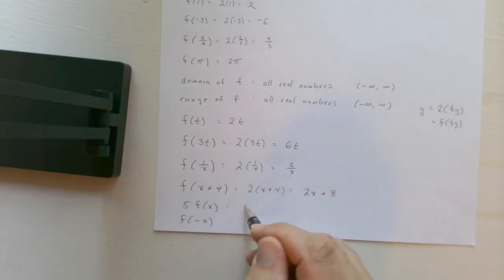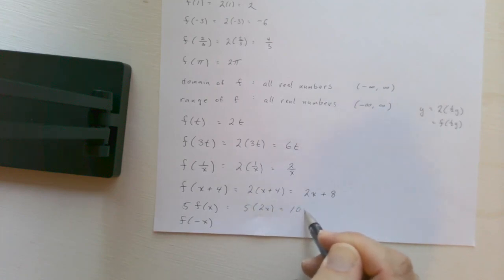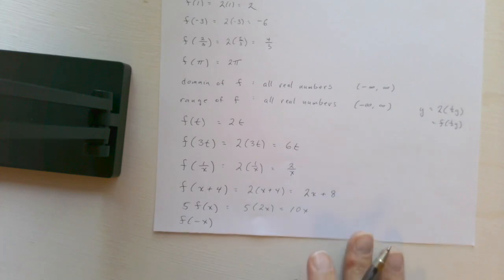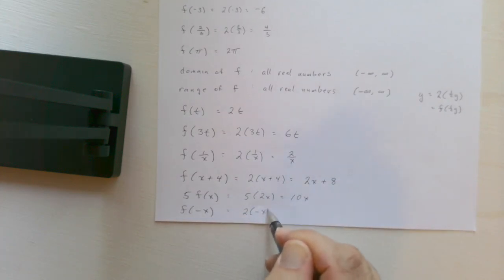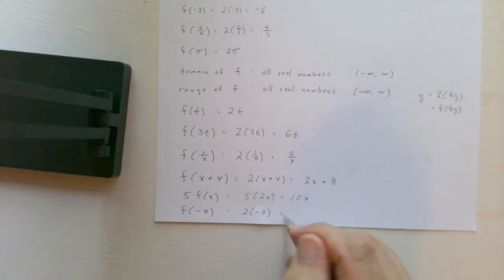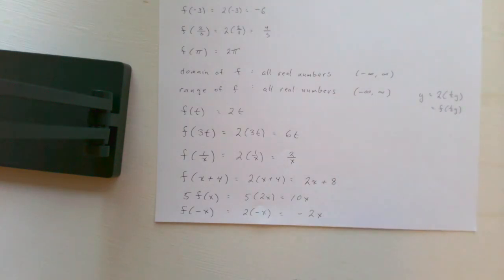So this is going to be 5 times 2x, which is 10x. And then f of minus x would be 2 times minus x, okay, which is the same as minus 2x. Okay. So these last 6 examples, these are really just symbolic expressions. And you do that just by doing substitution.